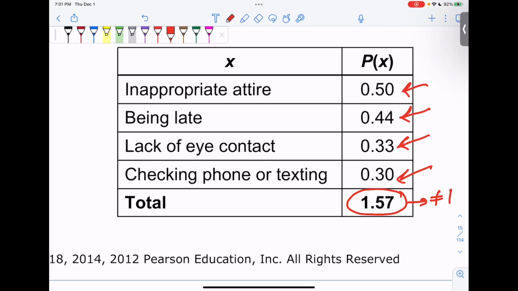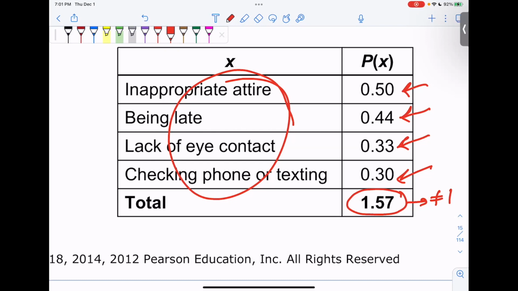But the first condition says what? Numerical. Are those numerical? No. So now we have two things not valid.